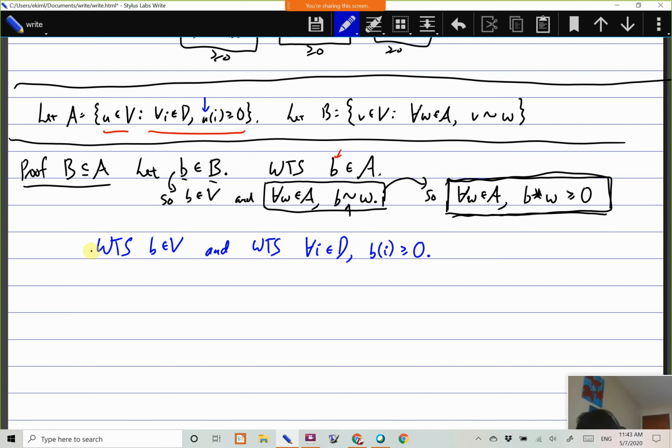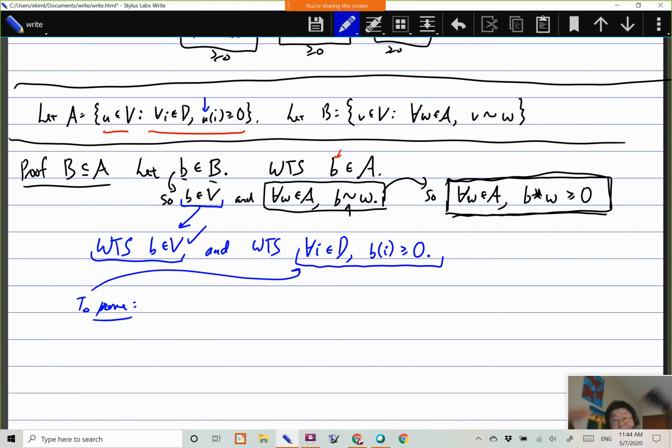The first part, this thing that we want to show, check. There's nothing to show because we already knew that B belongs to V. That came about as one of the two facts from little b belonging to capital B. So the harder part is to show this. We want to show that. Right? So to prove this, again, we're proving a statement that starts for all.